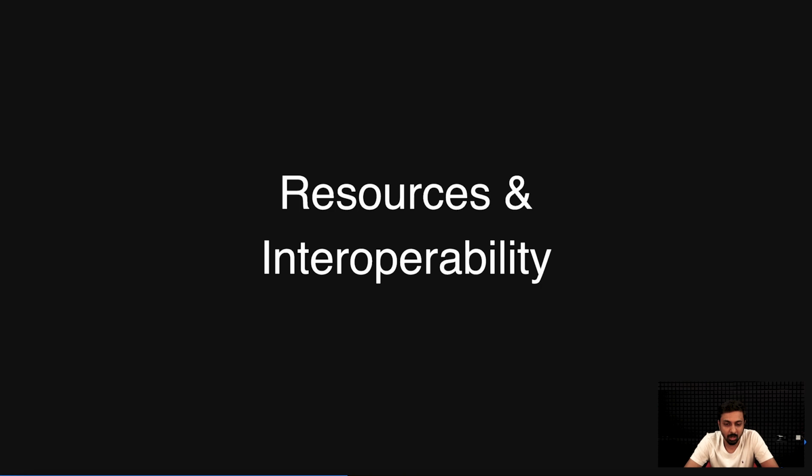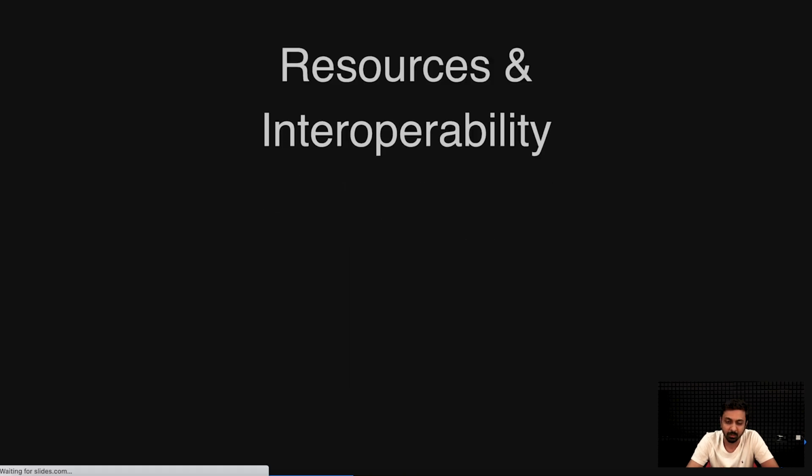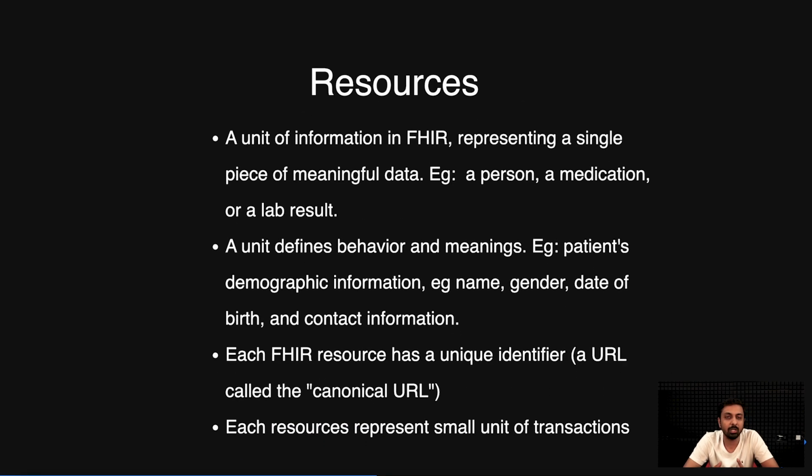And now let's talk about the two main pillars of FHIR. One is resource and the second is interoperability. You can think of a resource as a data unit, the smallest one, which can be grouped together into one category.